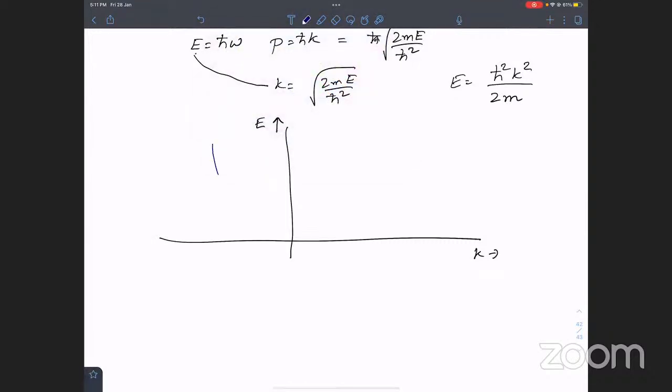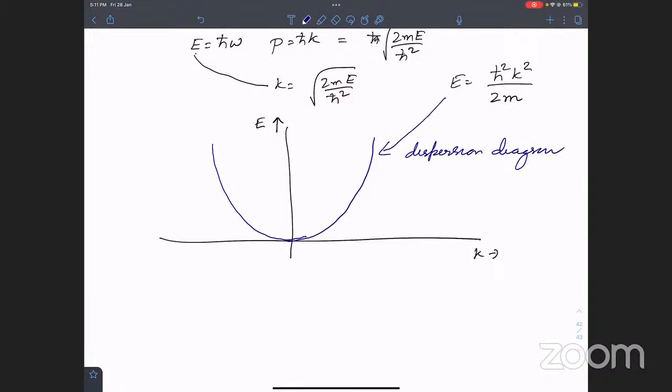I want you to thoroughly understand this idea. It's going to be a parabola. This is your dispersion diagram. This kind of diagram where I plot E versus k is called a dispersion diagram. The equation of this parabola is E is h bar square k square by 2 mass.